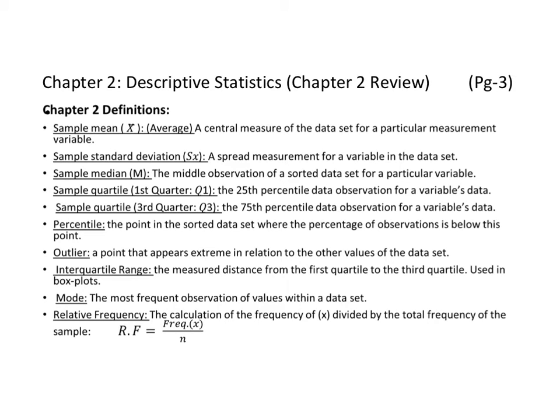And finally, the relative frequency is the frequency of x divided by the total frequency of the sample. So the relative frequency is equal to the frequency of x divided by n, which is the sample size, the total frequencies.